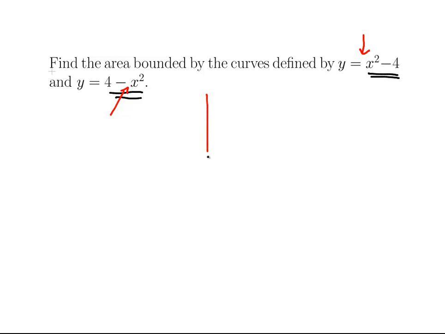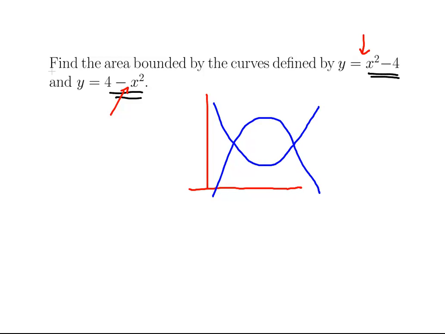It's handy to know that on an ongoing basis. So let's have a quick look at what our curve should look like here. It's the intersection of an upward facing quadratic expression and a downward facing quadratic expression, something like that. So the area we're looking for is something like this. With regards to where the x-axis and y-axis are, it's not particularly important.